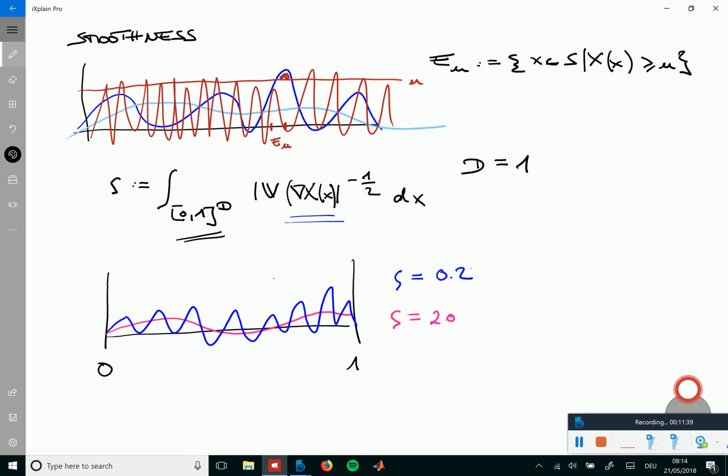In principle, we could now use this measure of smoothness to discuss certain probabilistic properties of the excursion set. For example, the probability that the maximum of a random field is larger than some level, or equivalently that the excursion set includes at least one point at a given level.